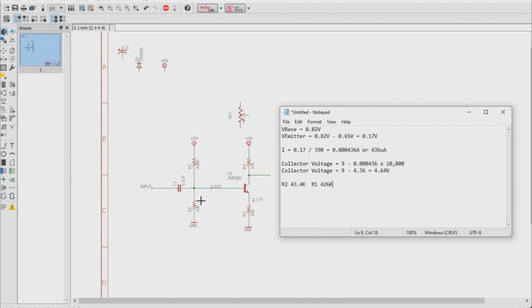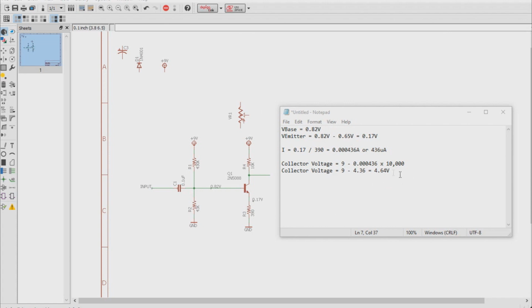But if you are trying to avoid using trimmer pots, that's how you can calculate it. And again, 4.64 volts isn't that bad. It just means that the voltage is going to rail a little high and not so much on the low, so it won't be quite as loud, but it'll be pretty close.